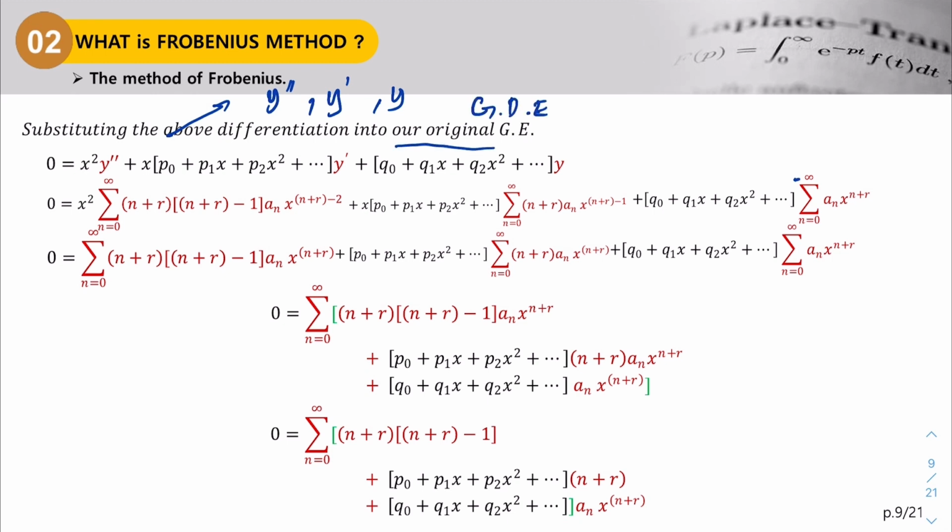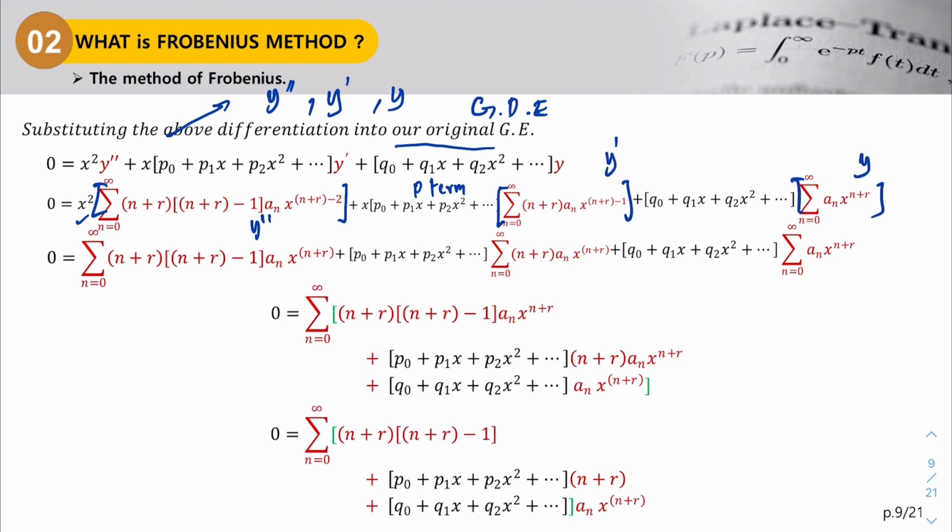Okay, we get 0 equal x squared, substituting from y double prime and the p term, and this y prime and this y term.